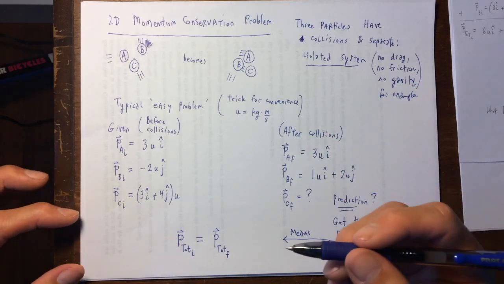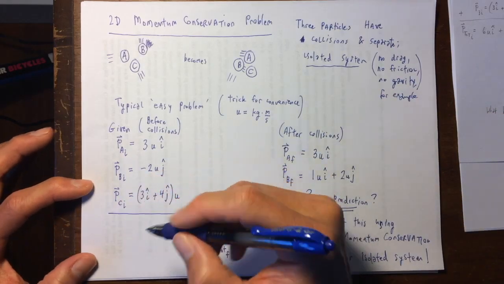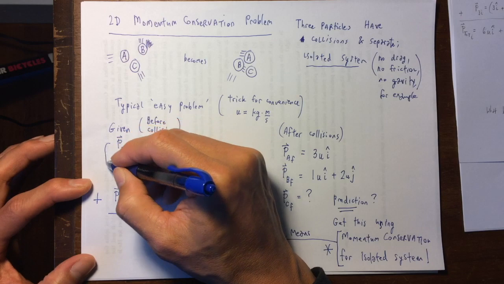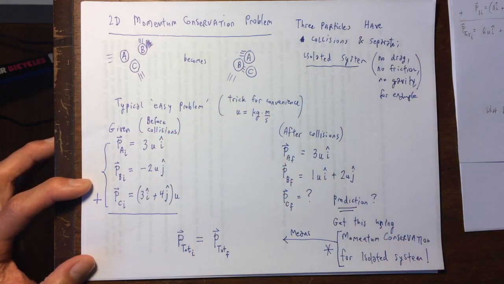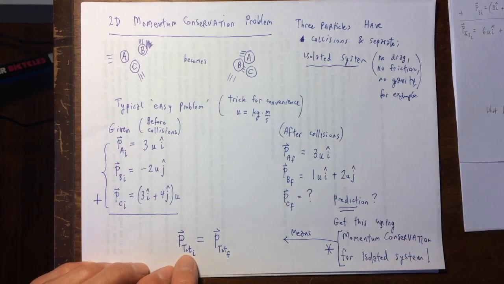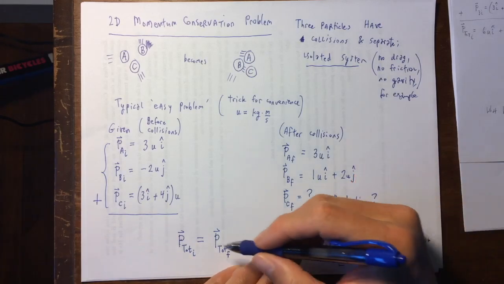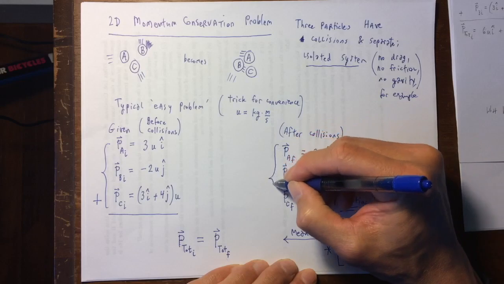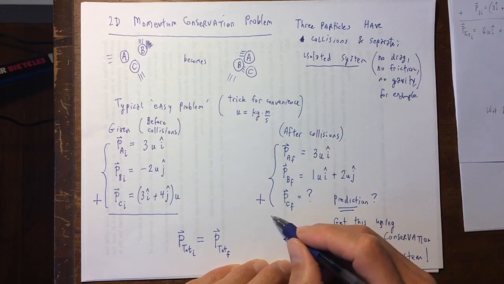So if I was to add up these 3 momentum vectors, that's what I would get. That's the total initial momentum. It is equal to adding up those 3 vectors.